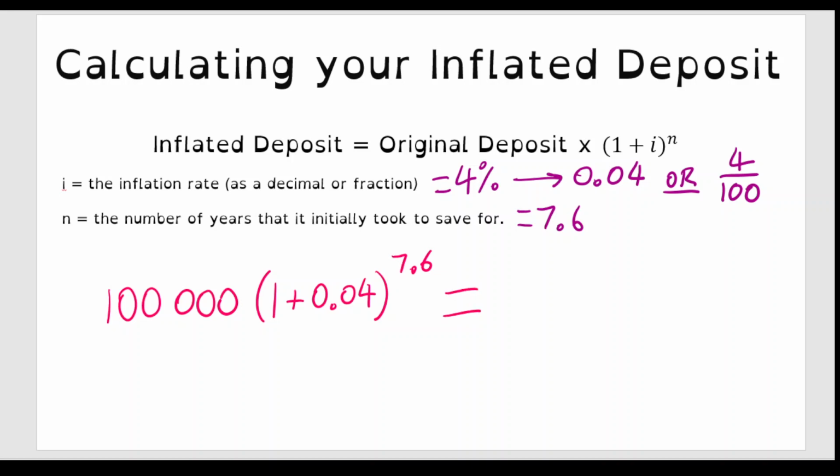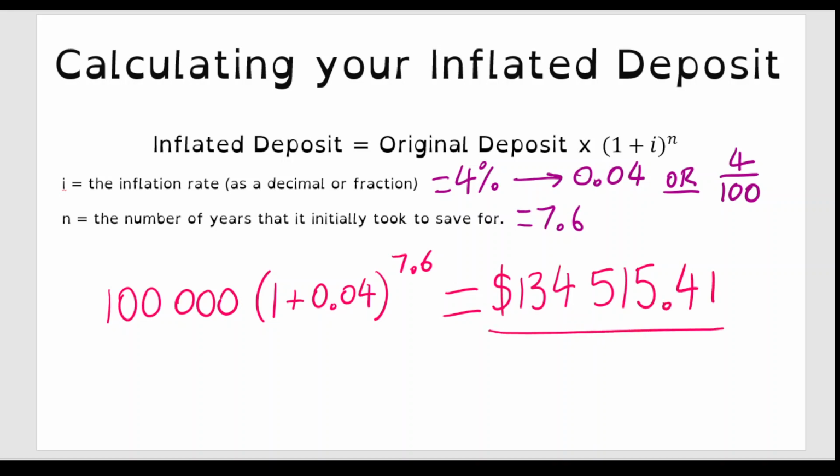If you put that in your calculator, you should find that you get $134,515.41. Remembering, if we're talking about dollars, just go to 2 decimal places, because that is how you talk about money in the real world.